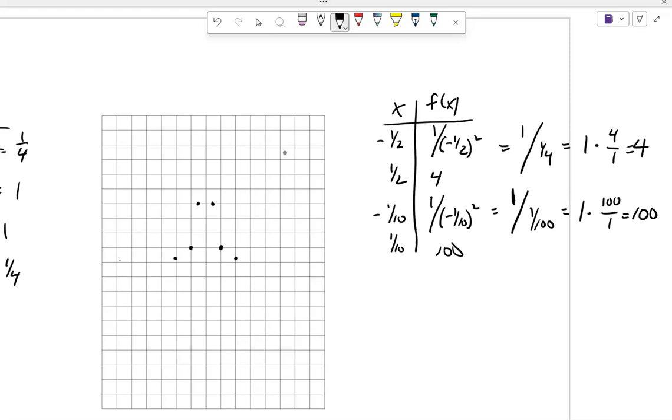So when we draw this now, we'll go up like this and down like this. And that gives us a rough graph of what it looks like. That okay?